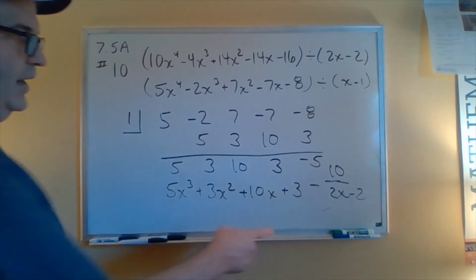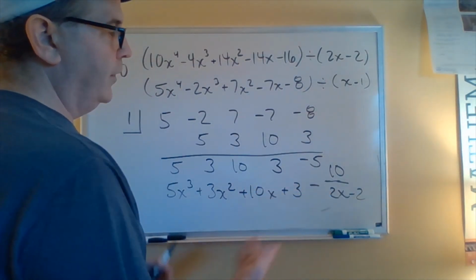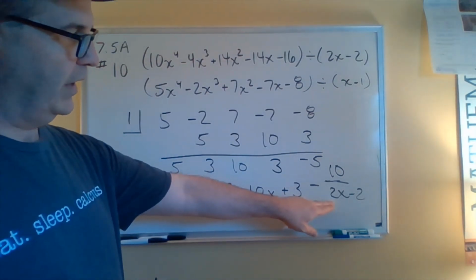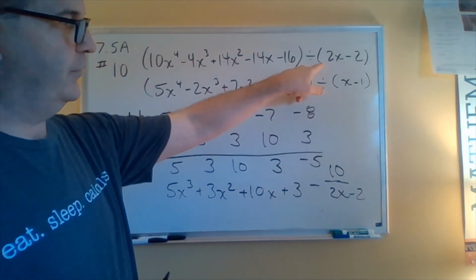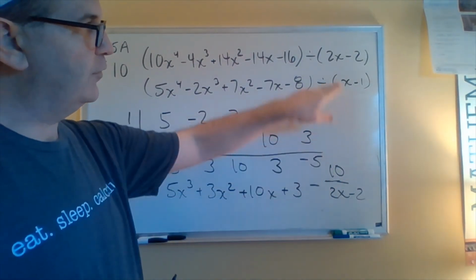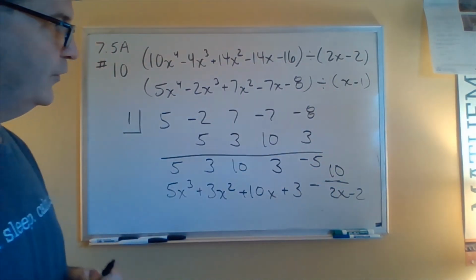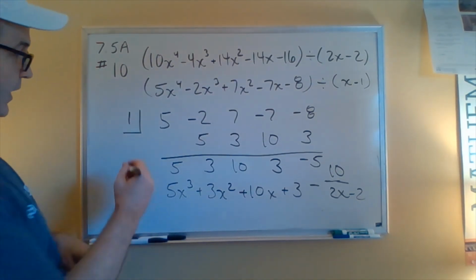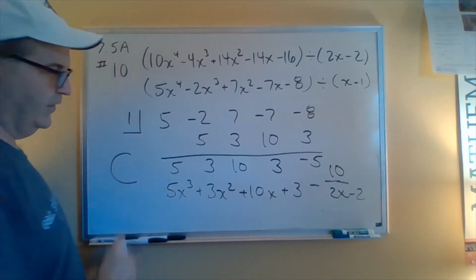If you wanted to keep it at 5 over x minus 1, I suppose you could, but our rule of thumb is that our denominator and our remainder is going to be our original divisor. So if we were multiplying the divisor we used by 2, we'd have to multiply our remainder by 2 as well. So either way, we'll get you there. But here's the answer for number 10. That corresponds with the letter C.